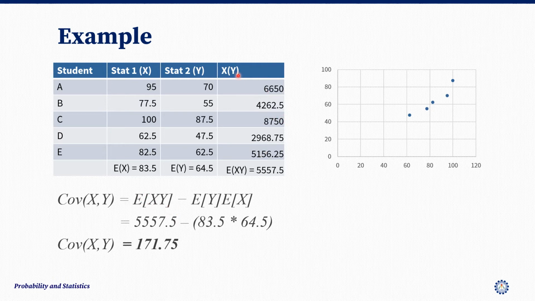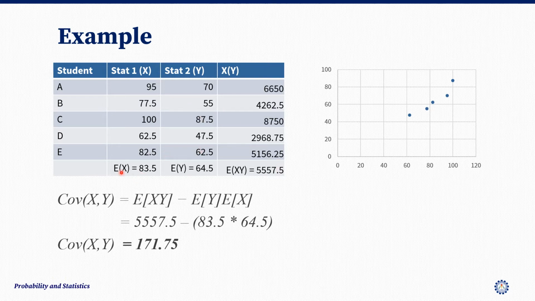Here we multiplied X by Y, so 95 multiplied by 70 gives 6,650. 77.5 multiplied by 55 gives 4,262.5, and so on and so forth. The expected value is also known as the mean, or the average, of the data.